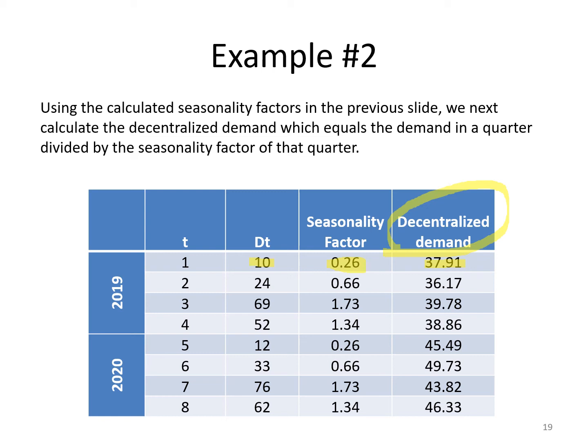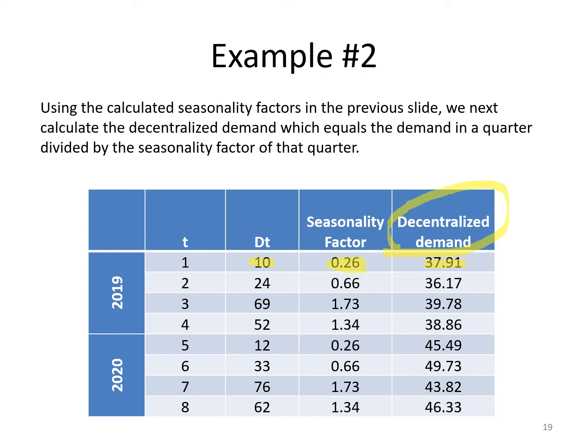The main idea here is that when we calculate the decentralized demand, we are actually neglecting the seasonality effect on the given historical demand values. So the value that we achieve in the last column represents how the demand would change on average without having any seasonality effect.